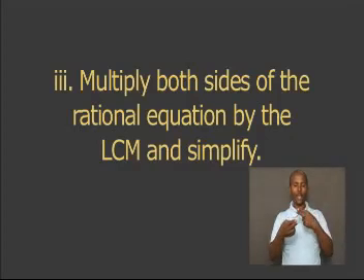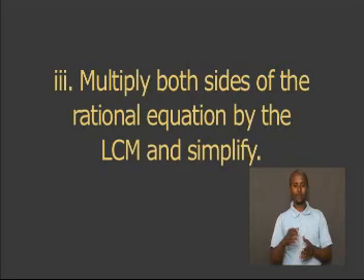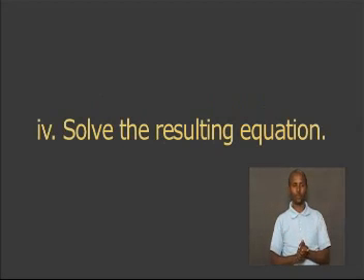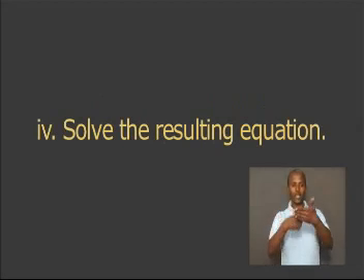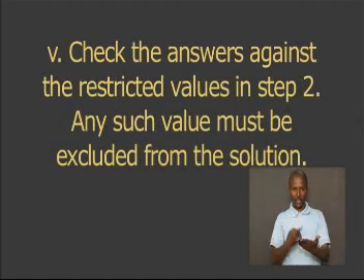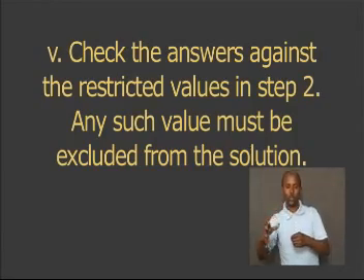Multiply both sides of the rational equation by the least common multiple and simplify. Solve the resulting equation. Check the answers against the restricted values in step 2. Any such value must be excluded from the solution.